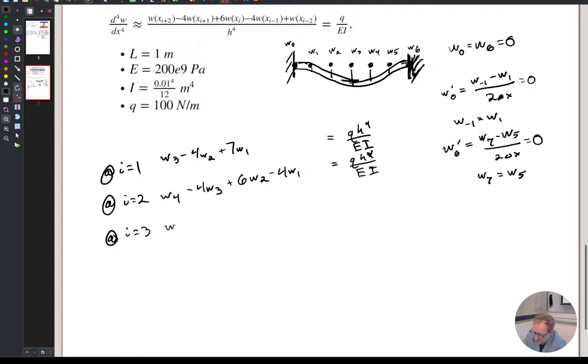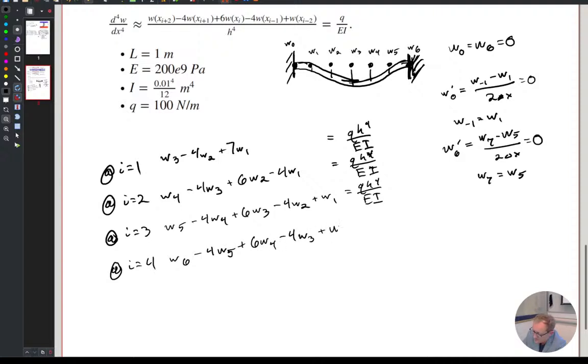i equals 3 is W5 minus 4W4 plus 6W3 minus 4W2 plus W1, QH to the 4 over EI. i equals 4 is now W6 minus 4W5 plus 6W4 minus 4W3 plus W2, QH to the 4 over EI.